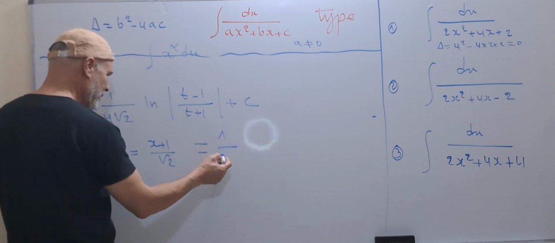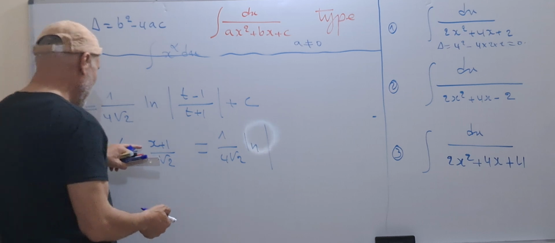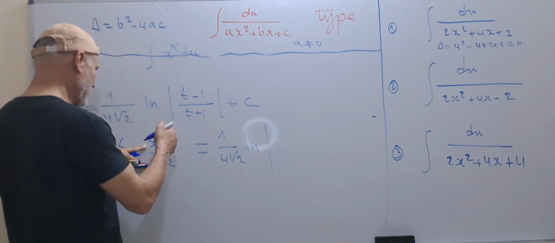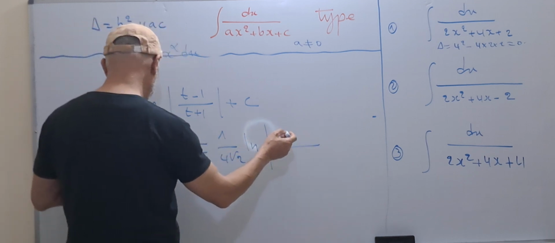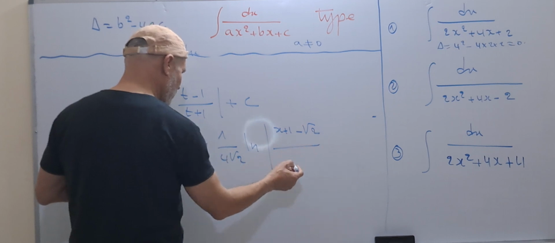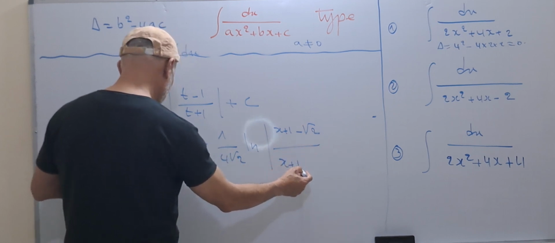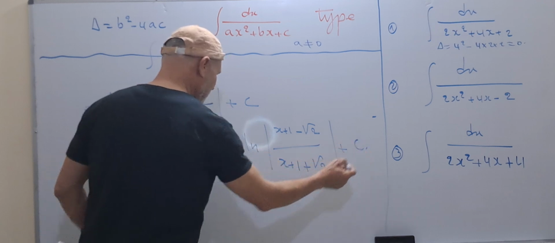To get 1 over 4 the square root of 2 ln, t is x plus 1 over the square root of 2, so we have x plus 1 minus the square root of 2 over x plus 1 plus the square root of 2 plus a constant.